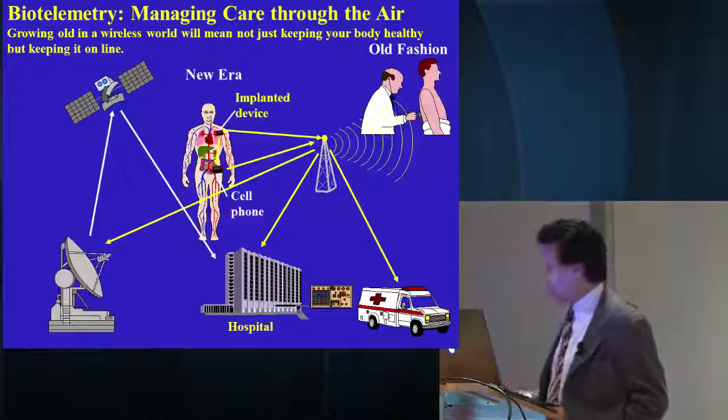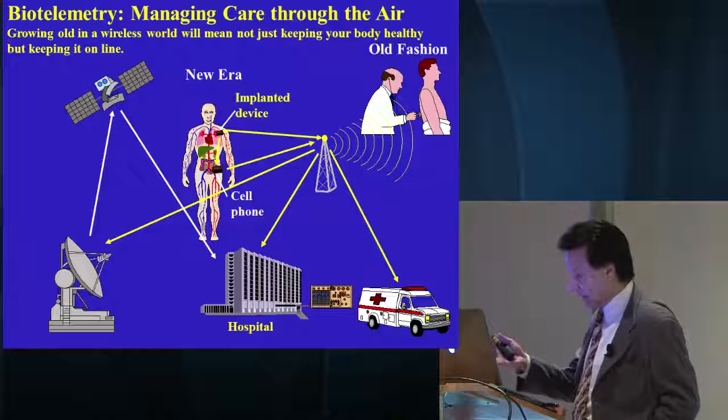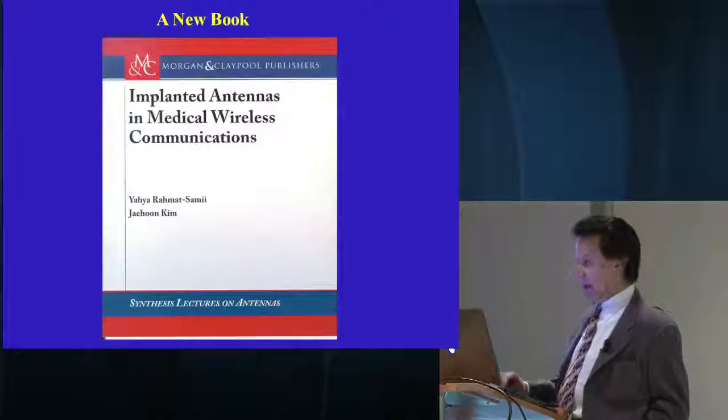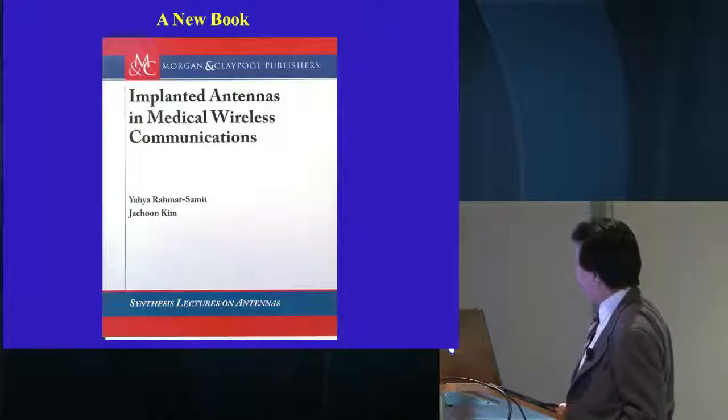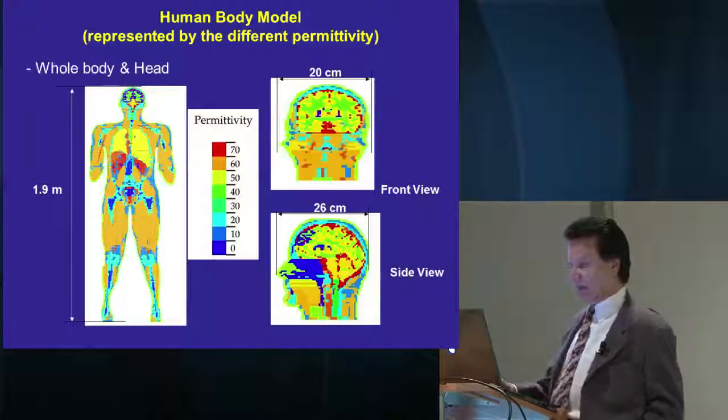These are all very critical items in order to get this technology off the ground. I believe some other speakers might be talking about this a little bit more. We had a little book, Implanted Antennas in Medical Wireless. If somebody is interested, you're most welcome to look at it.